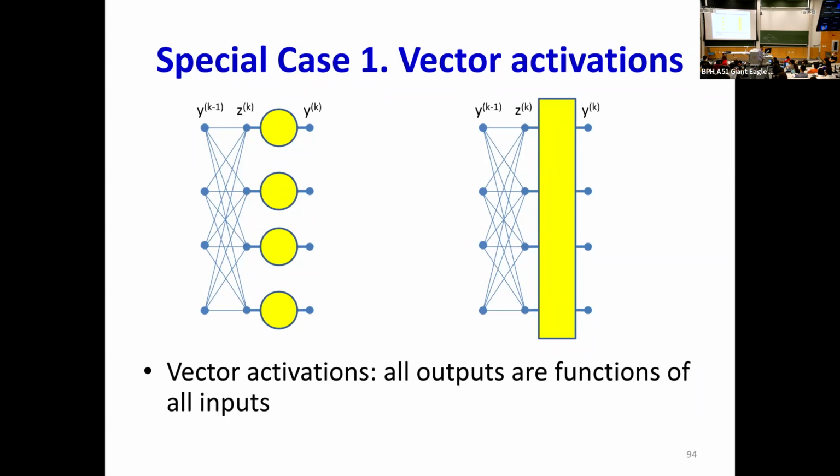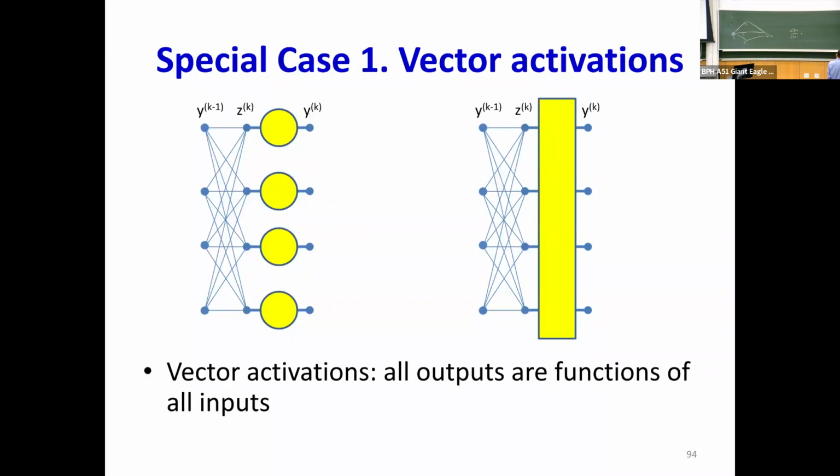Doesn't really change. Okay, how did we write the derivative of the divergence with respect to a particular Z? How did we do that? What was the formula?